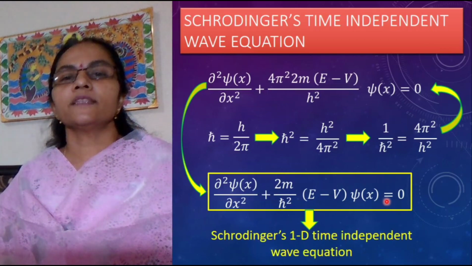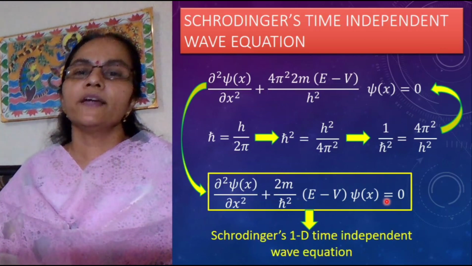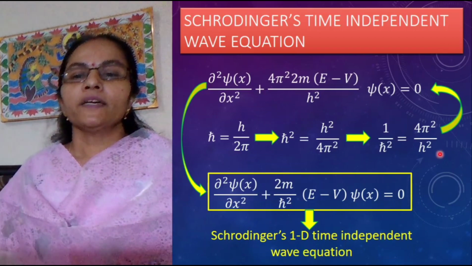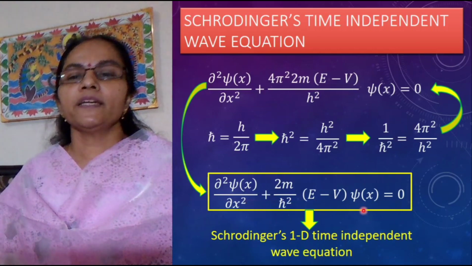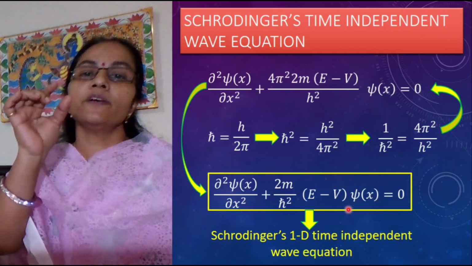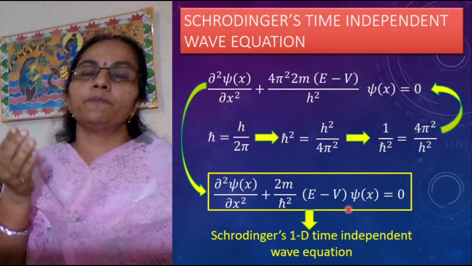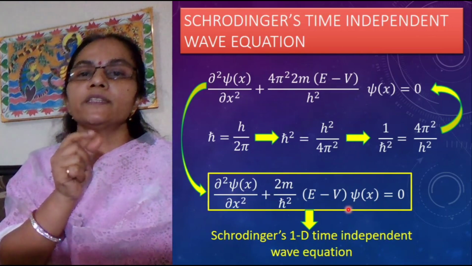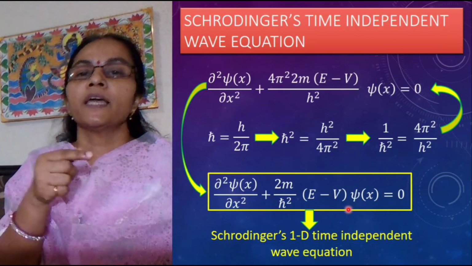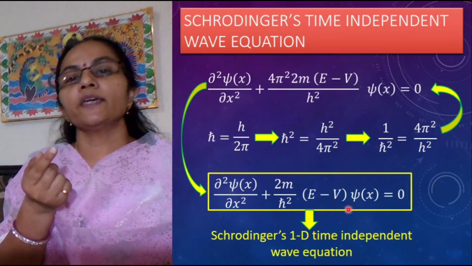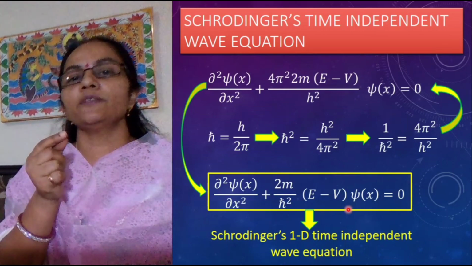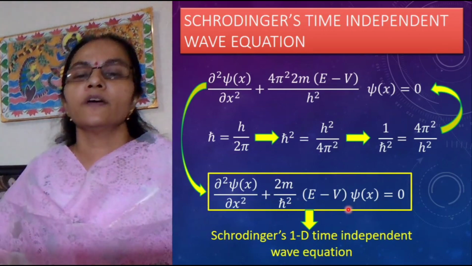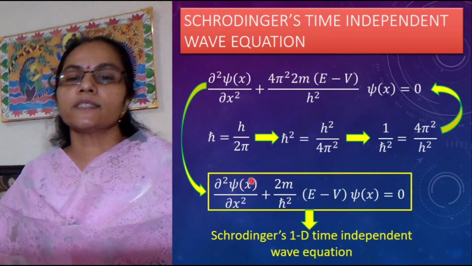And this is nothing but our Schrodinger's one-dimensional time independent wave equation. Why is it time independent? Here you can see that the wave function we considered in the beginning had two parts. One is the spatial part, that is the e to the power ikx term, and the other one is e to the power minus i omega t, where the t term was coming, but while doing the derivation that automatically went off, and we were left with only this psi of x.